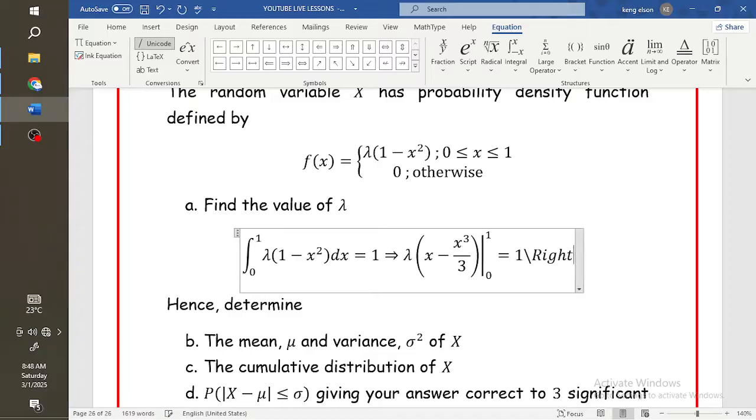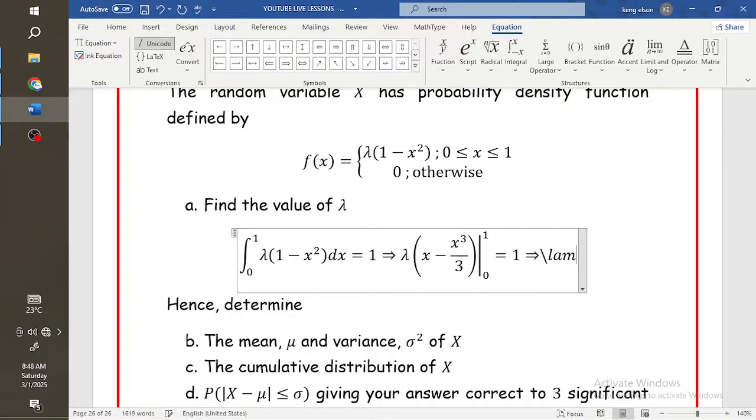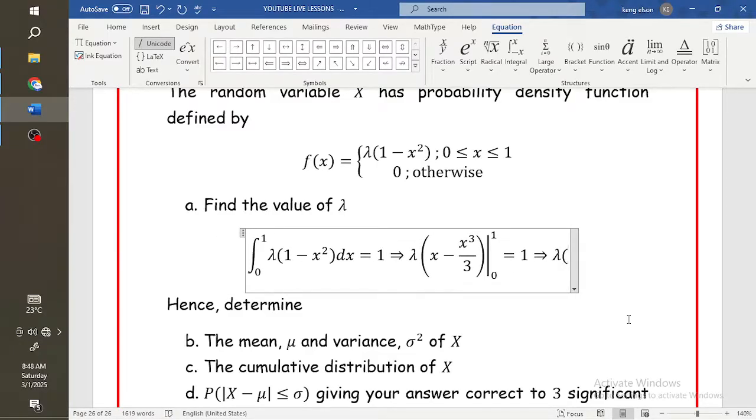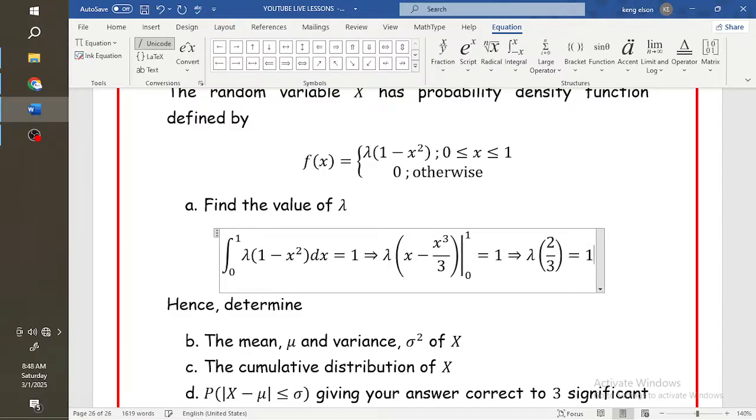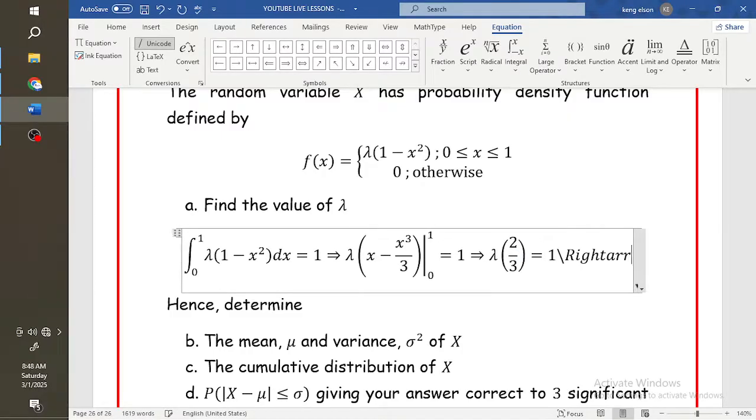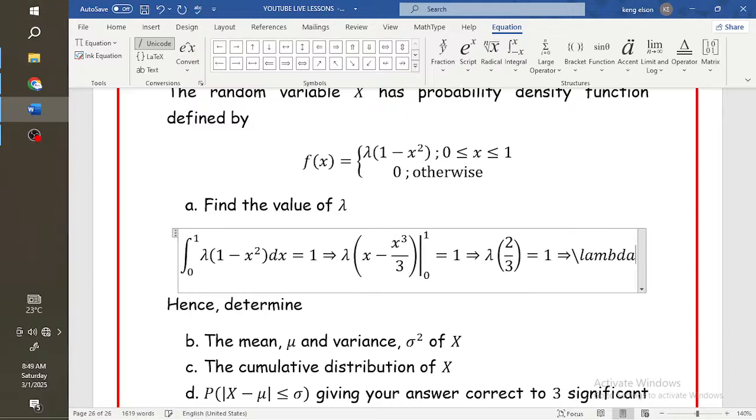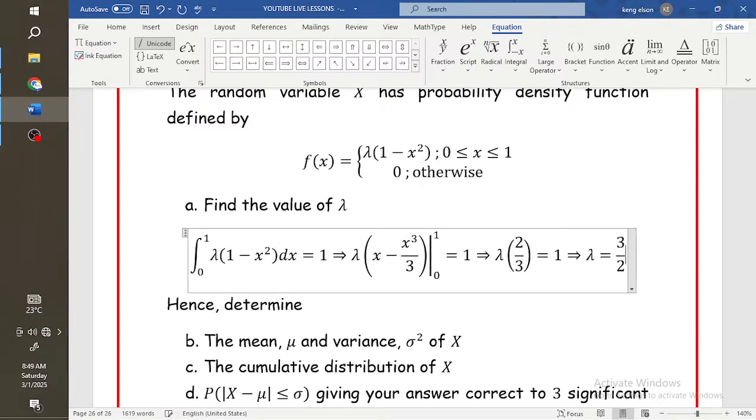So this means that we have lambda into, you are going to have 1 minus 1 third, which is 2 thirds, equal to 1. So what's the value of lambda? 3 over 2. So lambda is equal to 3 divided by 2.